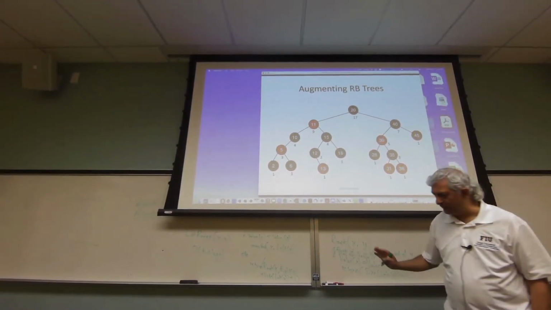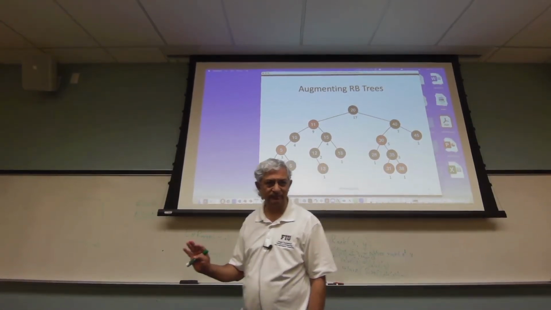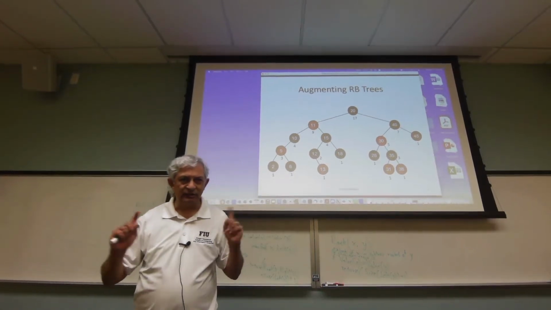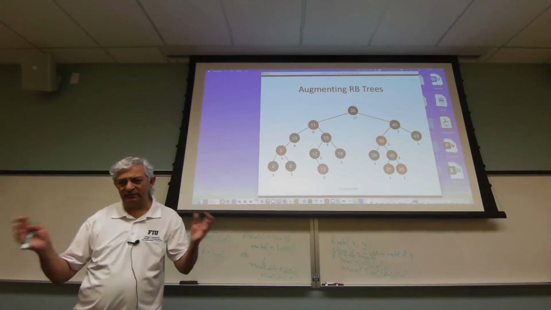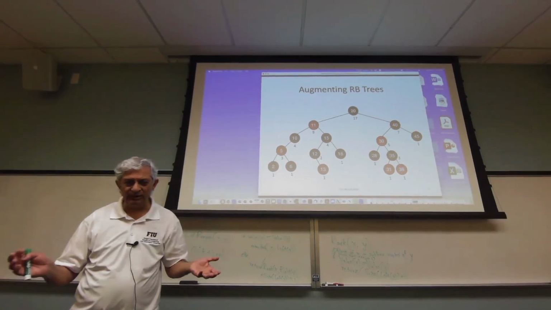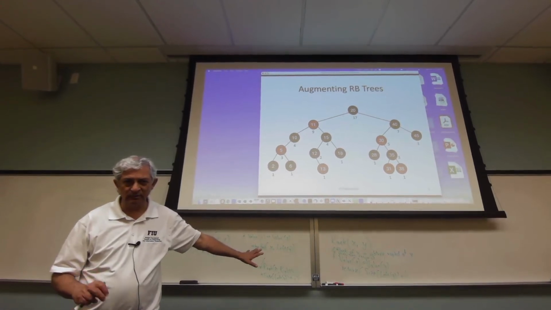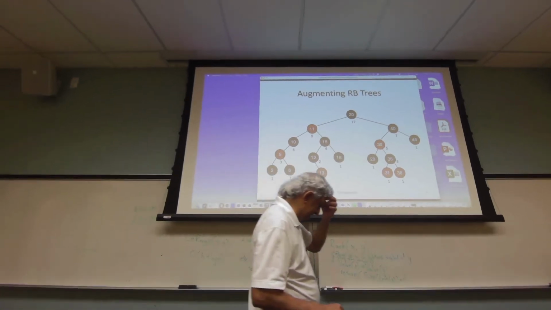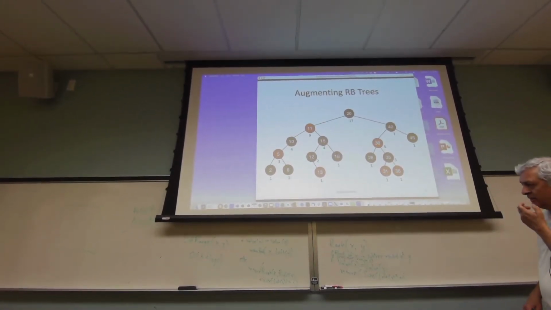Okay, so what we have done so far is to solve the one-dimensional range query problem. If I give you a set of values, and I give you A and B, and I ask you to tell me how many items there are between A and B, or list me all the items between A and B, this is how you solve it. Okay?